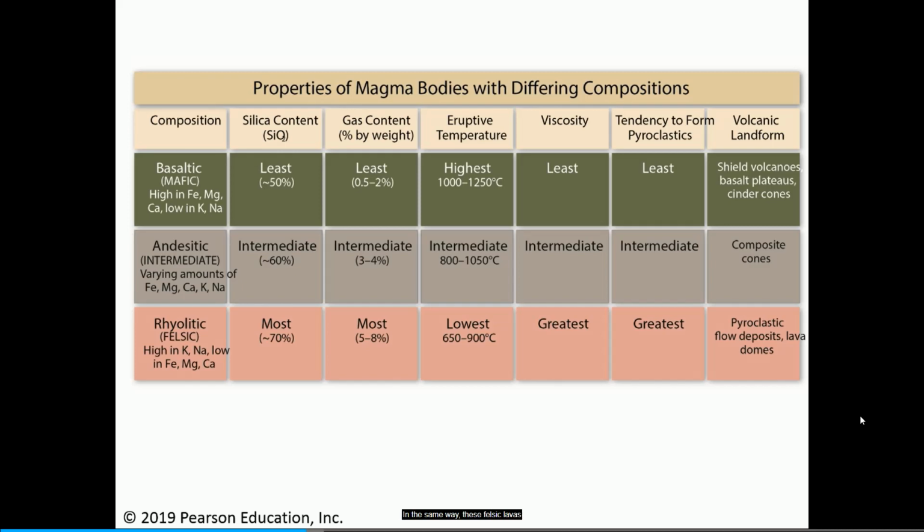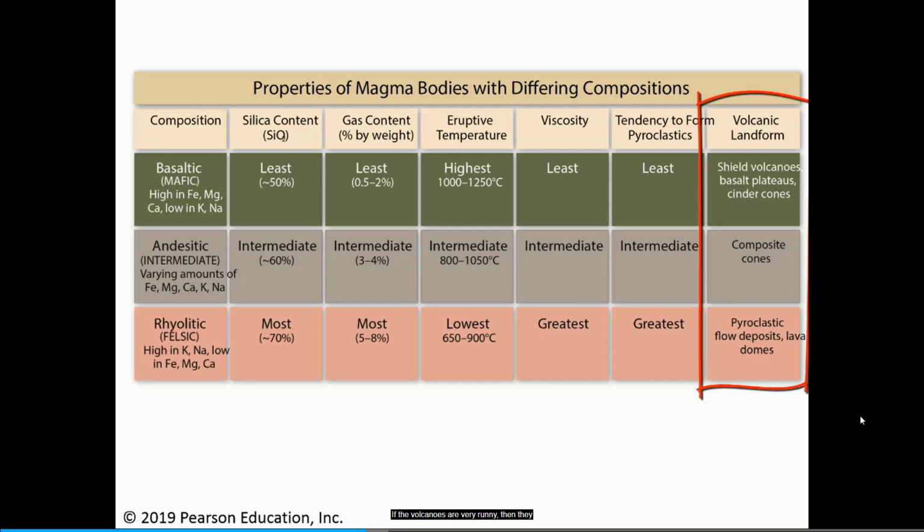In the same way, these felsic lavas are more viscous, or resistant to flow, than their basaltic counterparts. As a result, the basaltic eruptions tend to be really runny and fluid, and the felsic eruptions tend to be very sticky. And this ends up basically making different shaped volcanoes.